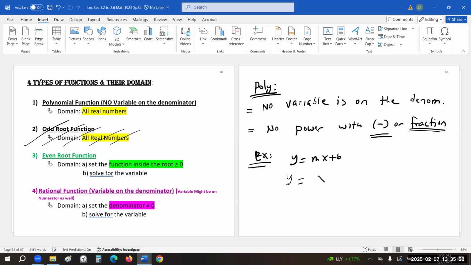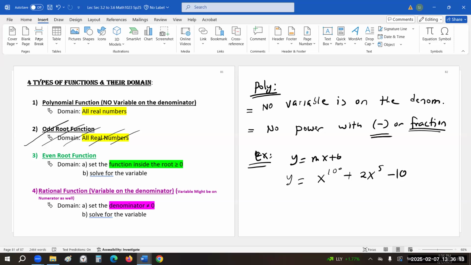Or y equals, let's say, x to the 100 plus 2x to the 5 minus 10. It's also a polynomial, because if you observe, all the variables have positive whole number powers and none of the variables are at the bottom. So these are examples of polynomials.